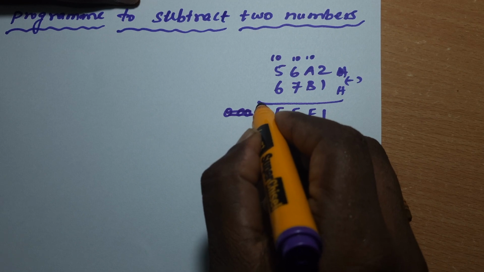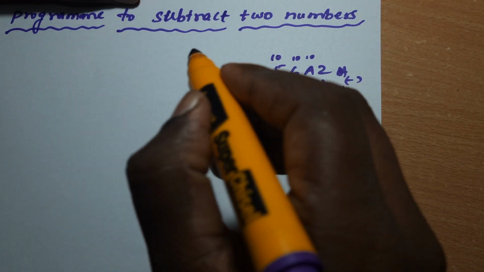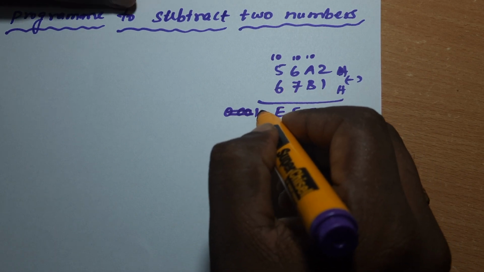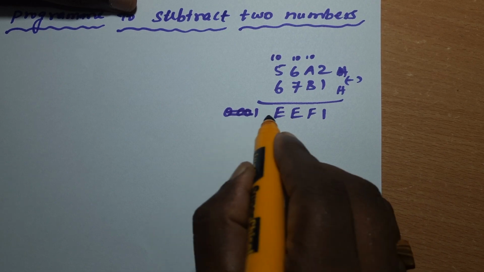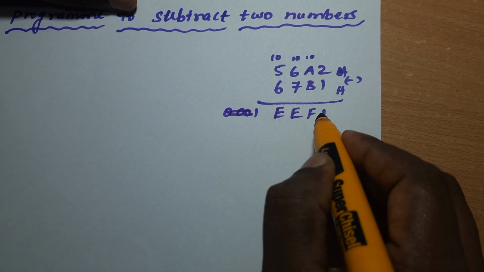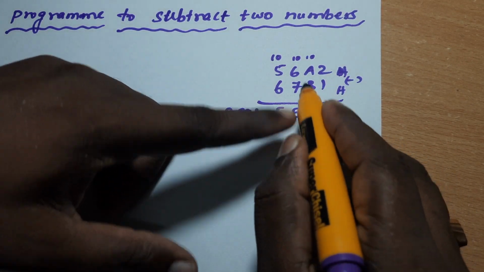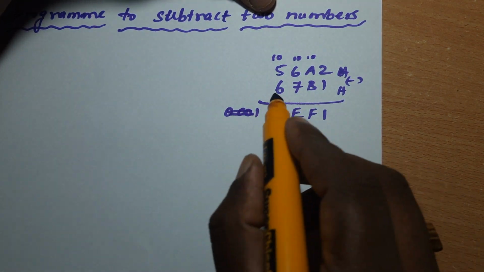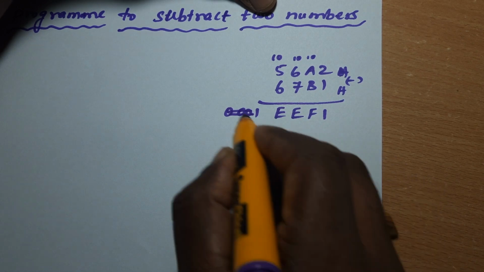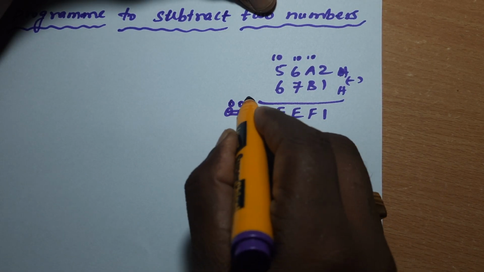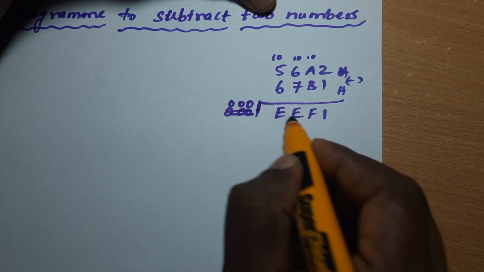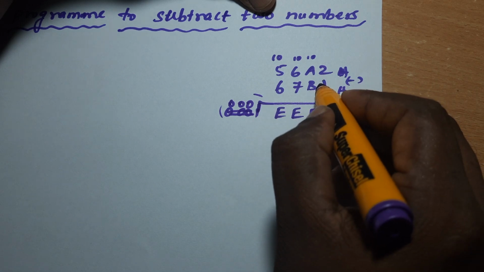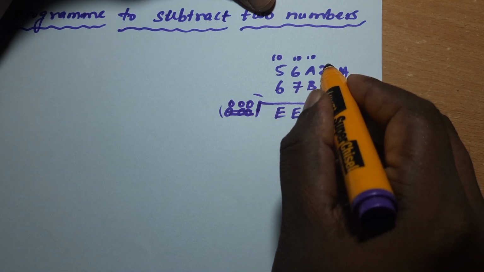We need to indicate this carry in the carry flag, 1 bit. We need to make it a 16-bit number, which means this does not have any value. We need to add these, and if you get a carry, that will be discarded. By adding the previous zeros, we make it a 16-bit number. This carry indicates you subtracted a bigger number from a smaller number. That is the meaning.